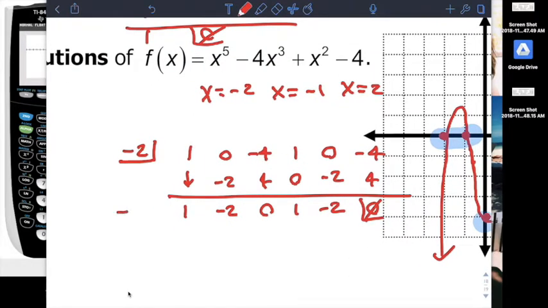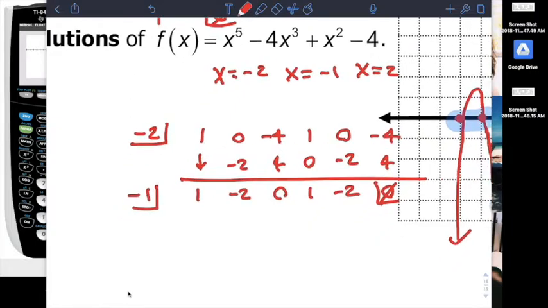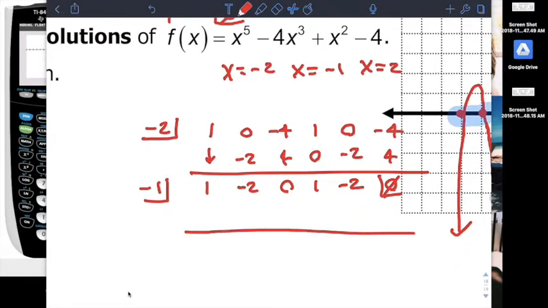And then let's chain it together. Let's do negative 1. So drop down your 1. That'd be negative 1, or I'm sorry, positive 1 there. Already doing the multiply. Positive 1. Multiply, that's negative 1. Add negative 3. Multiply, positive 3. Add 3. Multiply, negative 3. And then add negative 2.